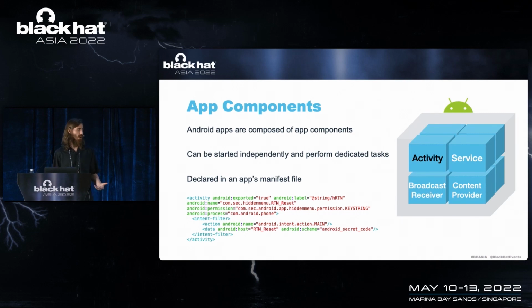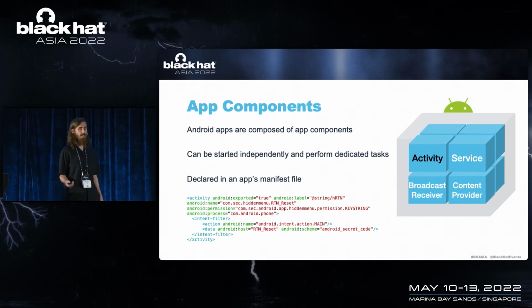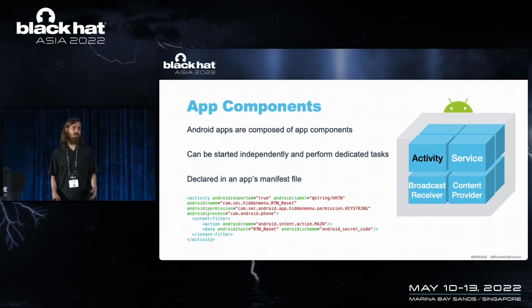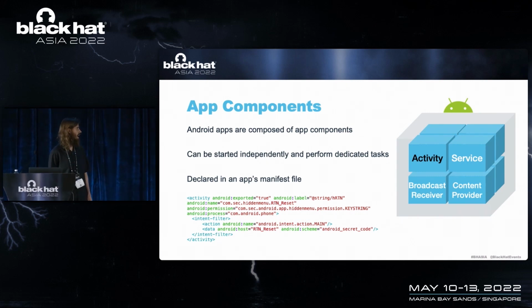Speaking of Android applications, they are composed of app components. Android apps are not monolithic. They do not have a single application entry point. Android provides in the framework activity, service, broadcast receiver, and content provider as application components. An application developer will extend these framework classes and provide their own application logic in the callbacks.